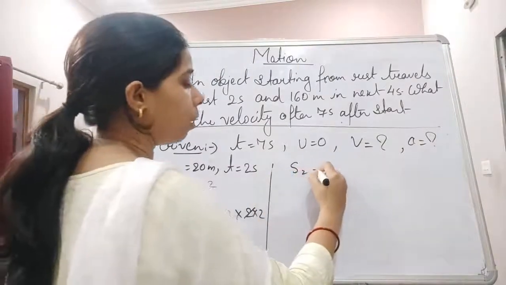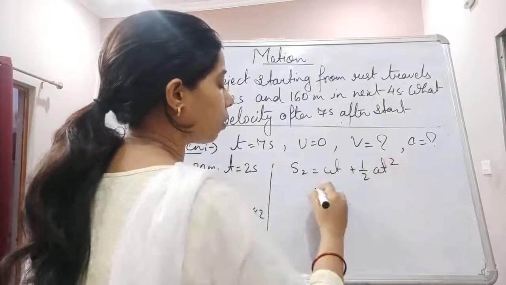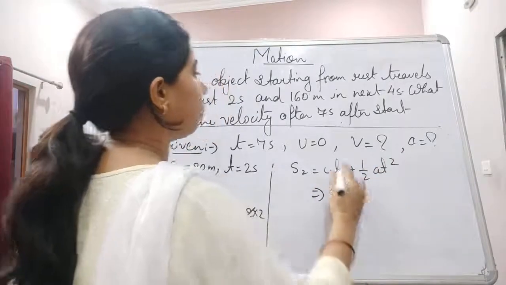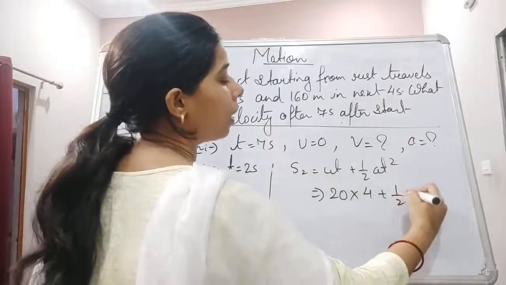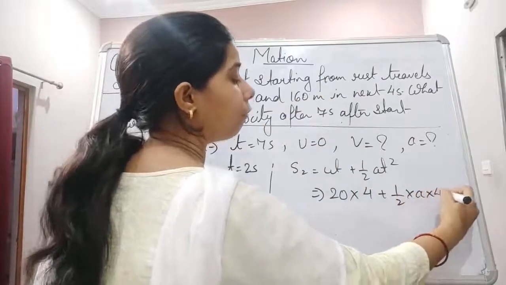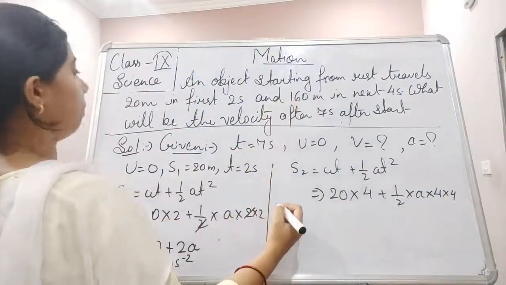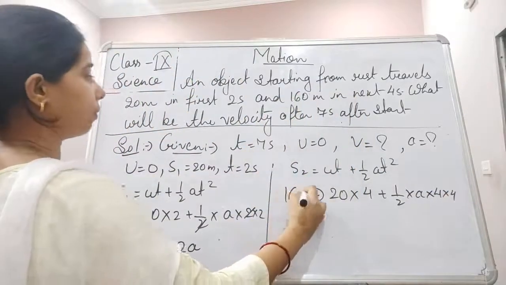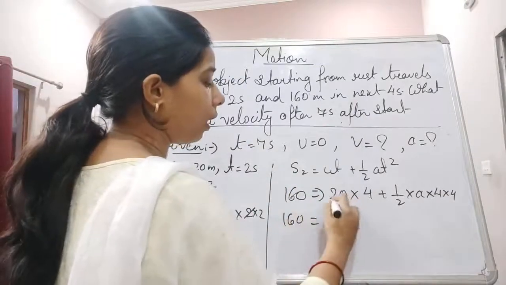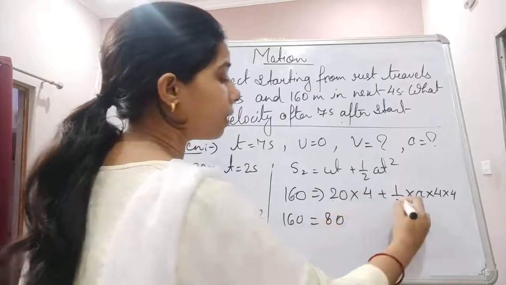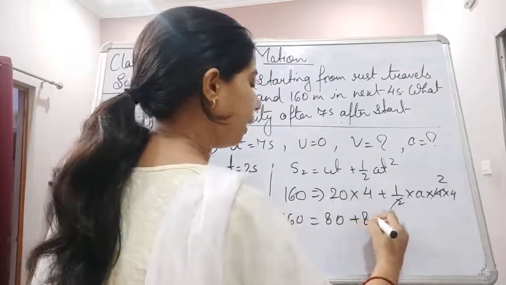So S2 will be equals to ut plus half at square. Now this is equals to u is 20, time is given, students, next 4 seconds. So 20 into 4 plus half into a, that we have to find, into 4 into 4, and the distance traveled will be 160 meter. Now 160 is equals to 20 into 4, it will be 80, plus this 2 and this 4 will cancel, it will become plus 8a.